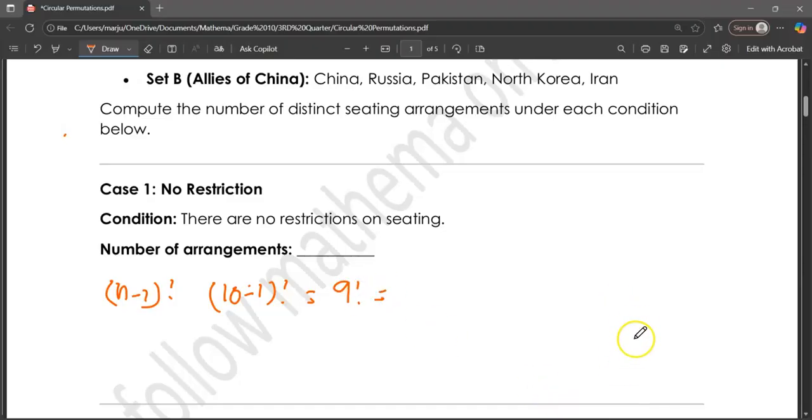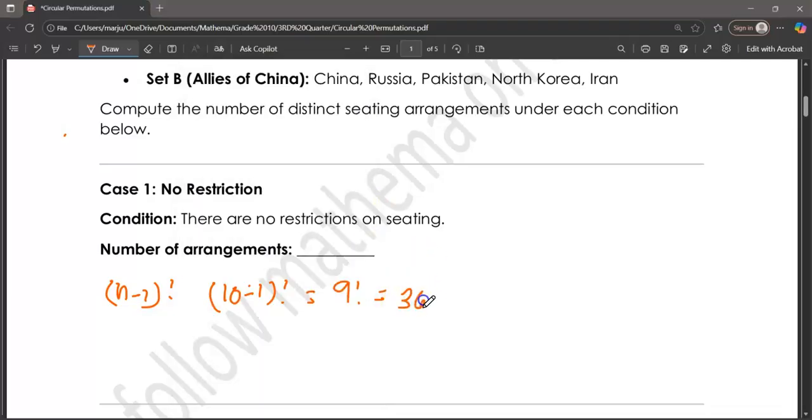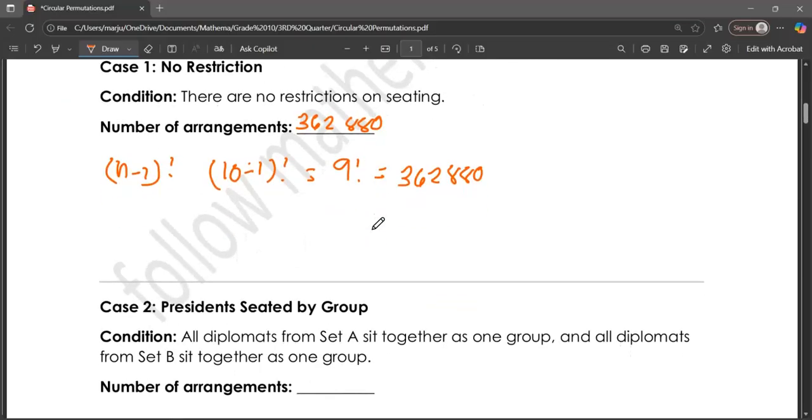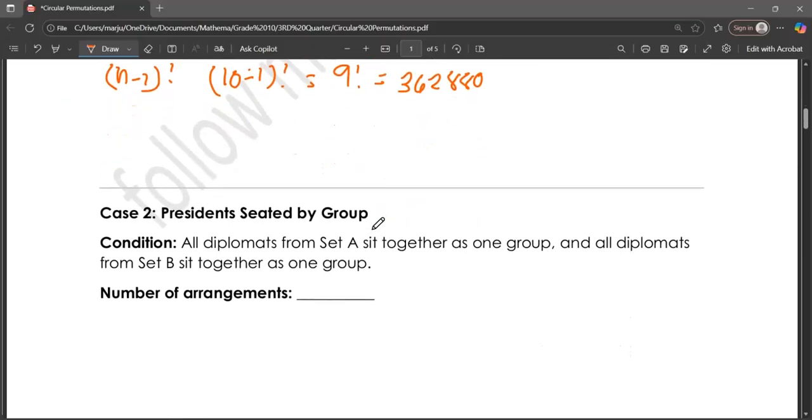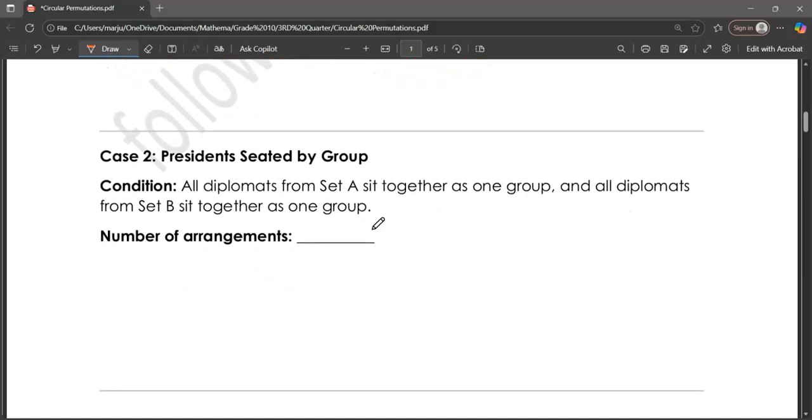Let me just grab the calculator. This is 9 factorial. That gives us 362,880 ways.